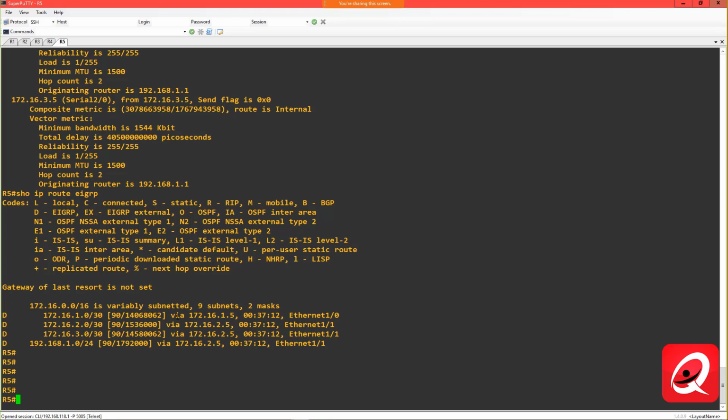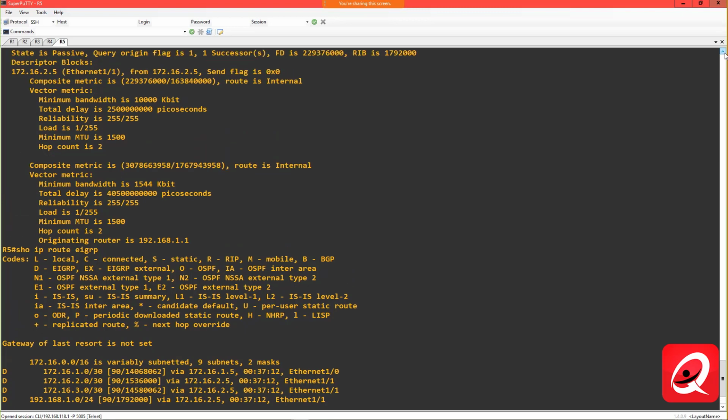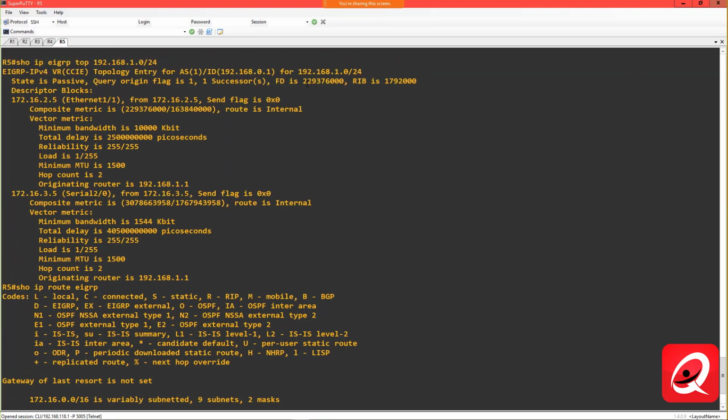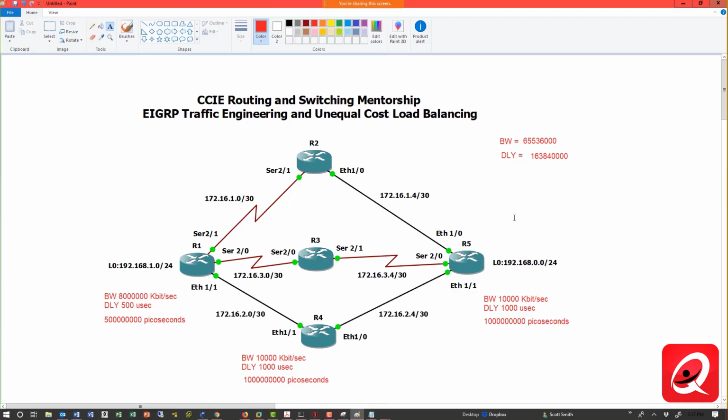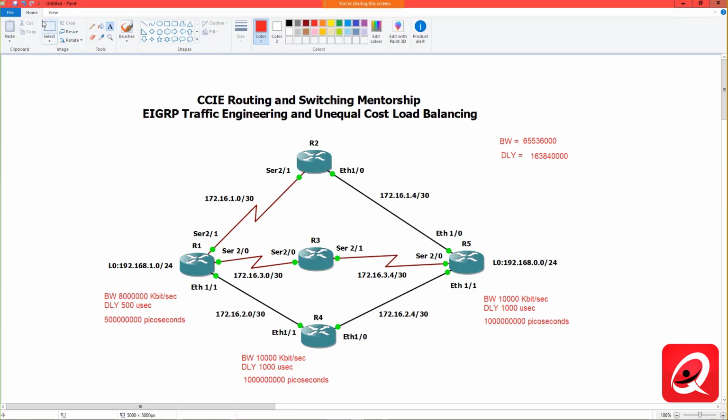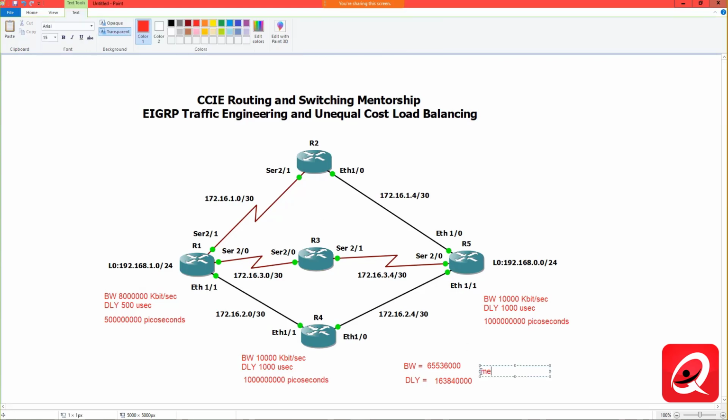We're using the bottom path. We've got a metric of essentially 2.2 million or whatever this number is for that particular path. So let's put that on here. That is the metric for this particular path. In fact, let's put that in here.